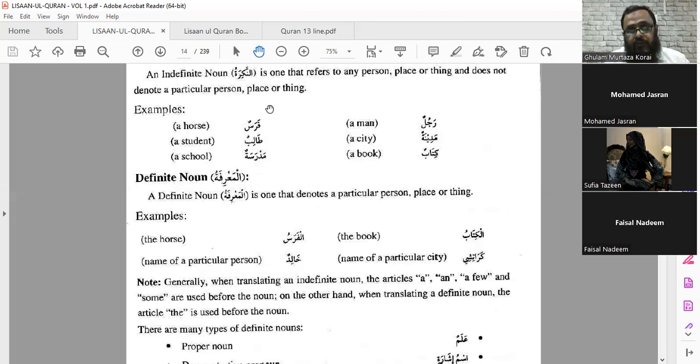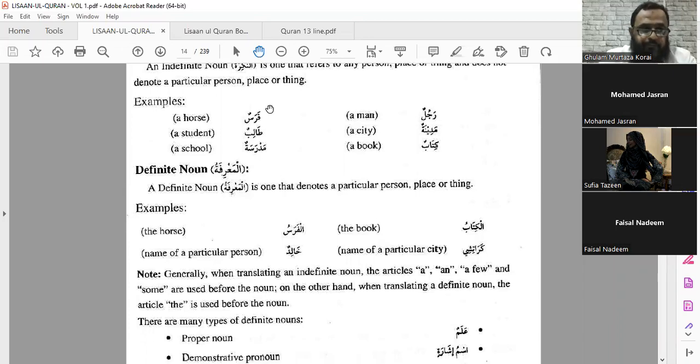So initially the discussion has revolved around the common noun and the proper noun. And in Arabic, the common noun is an-nakiratu, and the proper noun is known as al-ma'rifatu. Any questions? Okay, thank you.